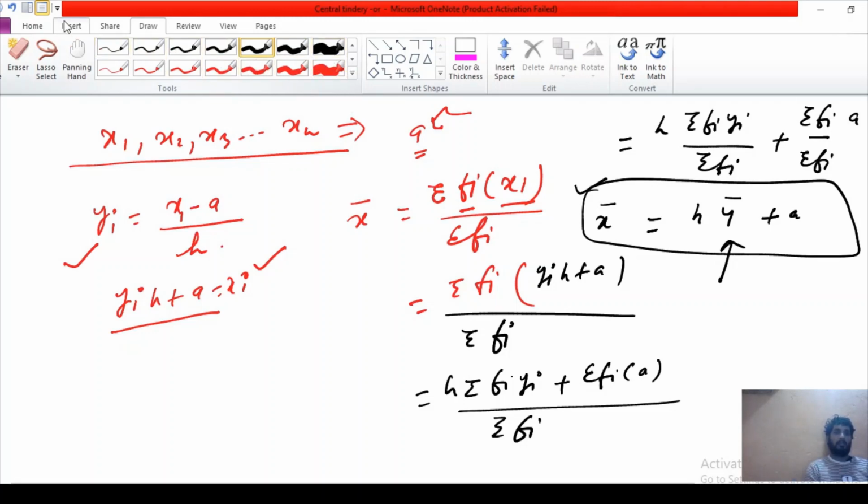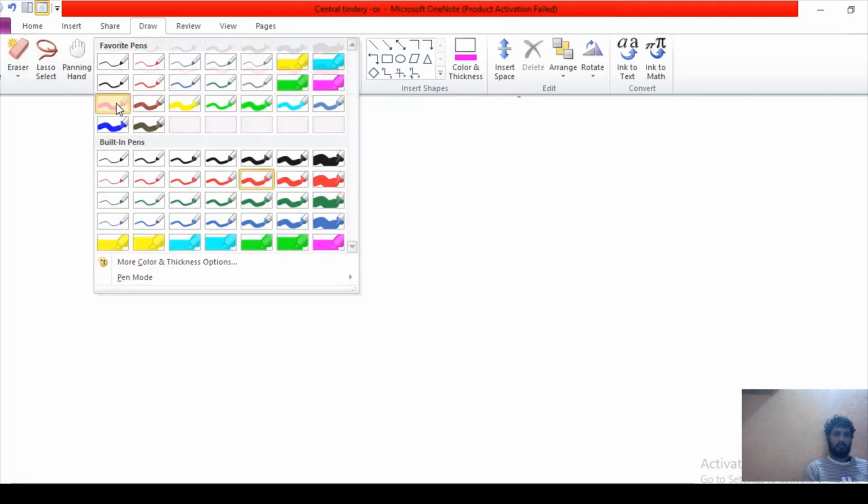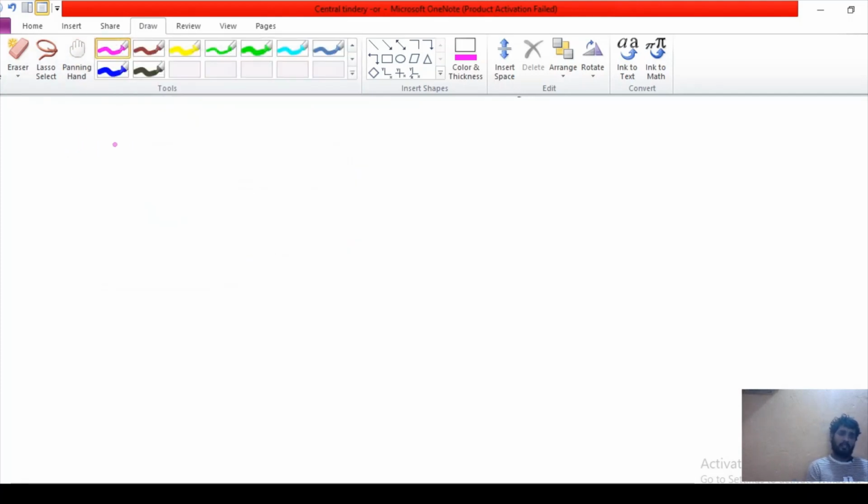In the case of variance for group data, variance is the sum of fi (xi minus x bar) whole square divided by the sum of fi, right? This is our variance in terms of x.